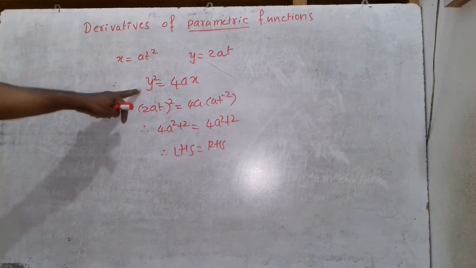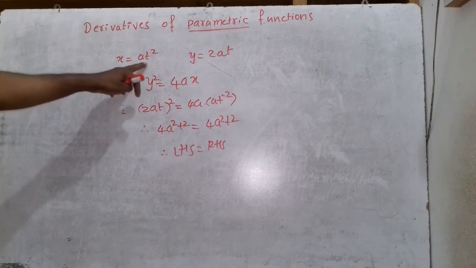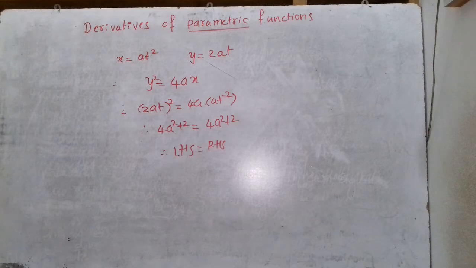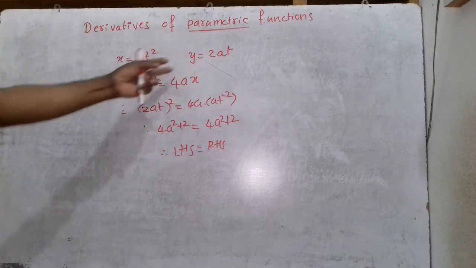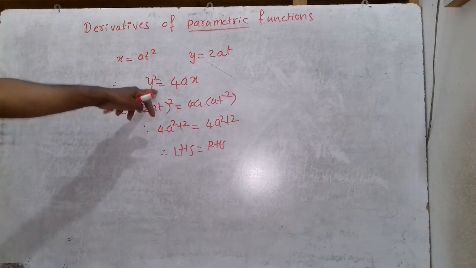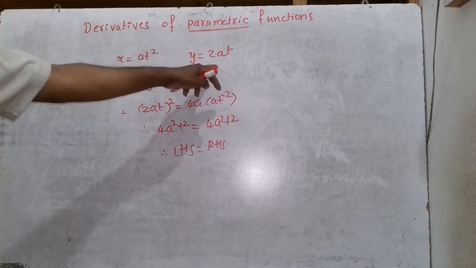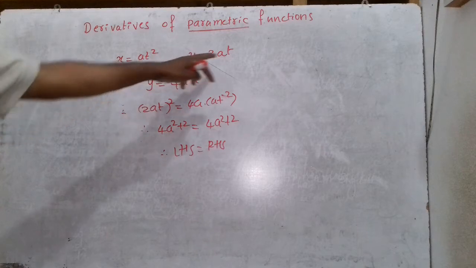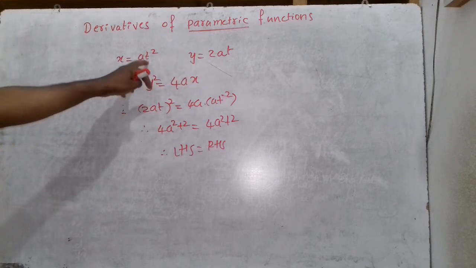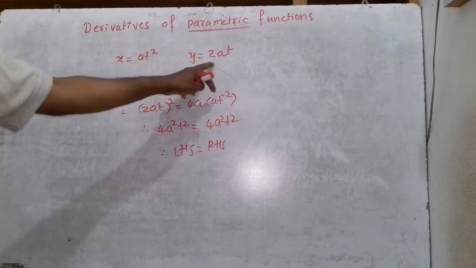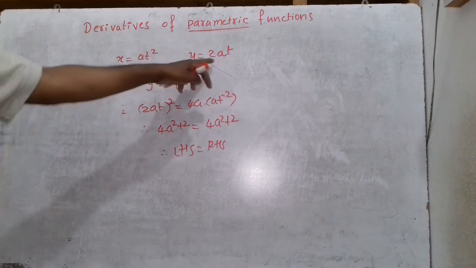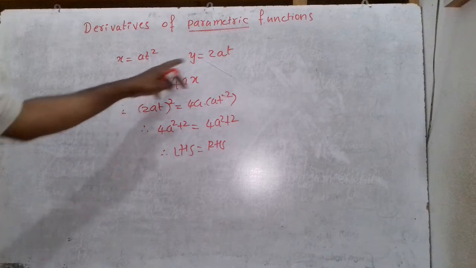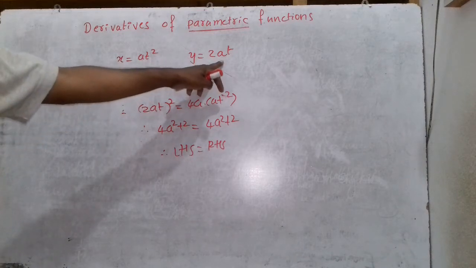They are called parametric equations because they satisfy the equation of the parabola. Here the common parameter is t. So x equal to a t square, y equal to 2at, and since a is constant, though it appears in both x and y, it is a constant.